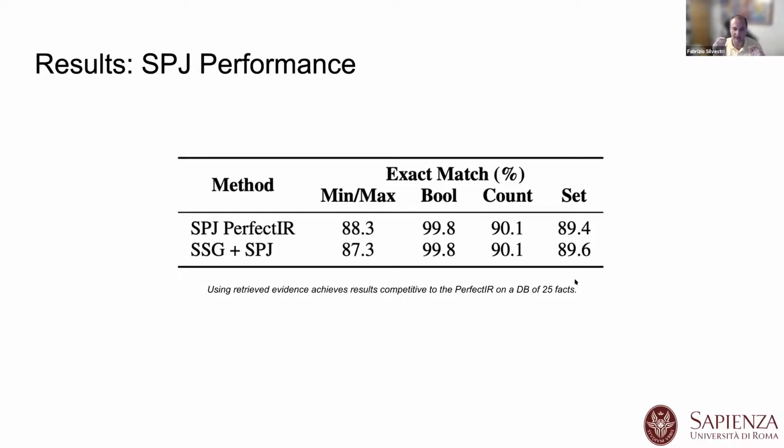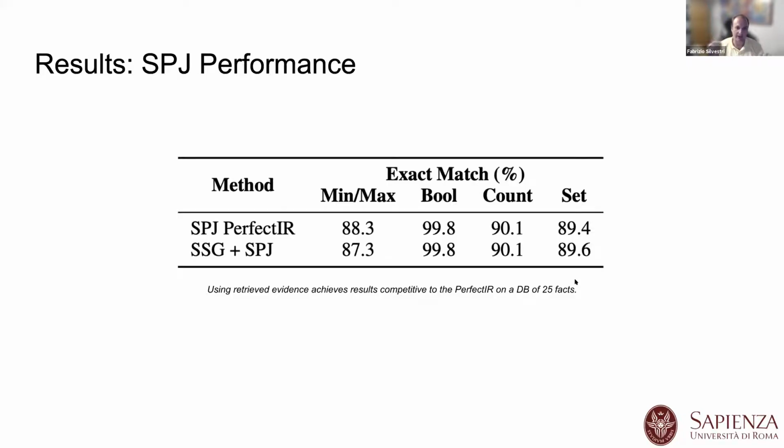one question that you might have is the following. All right, so SPJ performs very well in the case of results that are correctly retrieved. But how does it work, or does performance degrade, in the case of non-perfect retrieval?